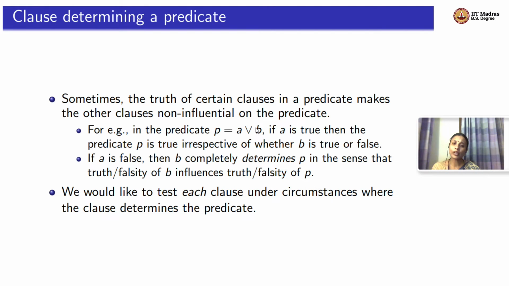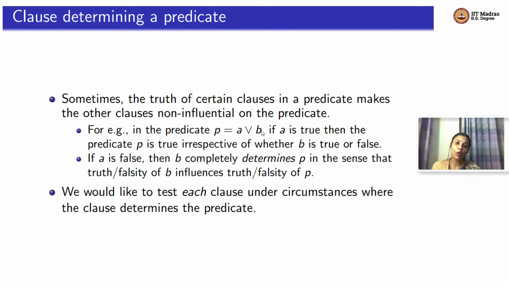Then, irrespective of whether B is true or false, the semantics of the OR connective says that the predicate will evaluate to true. So B, in some sense, has no influence on the truth or falsity of the predicate P when the clause A is true. On the other hand, suppose the clause A is false, okay, then we can say that the truth or falsity of B completely determines the truth or falsity of the predicate P. A is false, let it be. P is A or B.